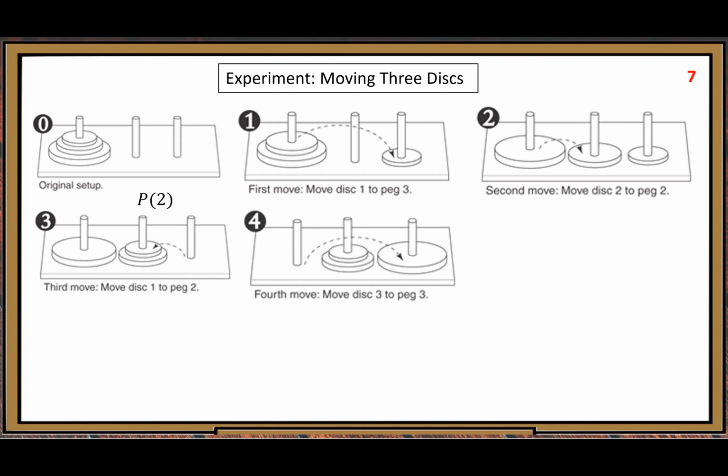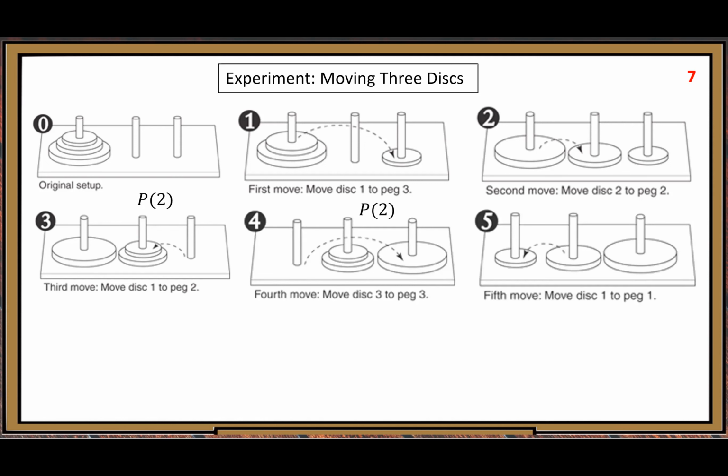Step number 4, we move the bottom disk to the empty peg. Easy. Then after that, we need to move these two disks another time back to the last peg. So that is another P2 problem. We need to solve the P2 problem twice: first time solve the P2 problem once, second time solve the P2 problem another time.